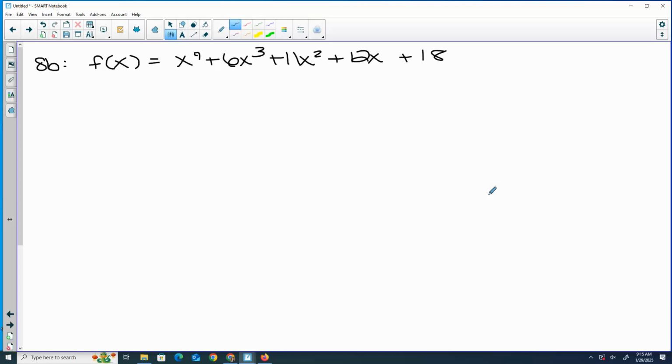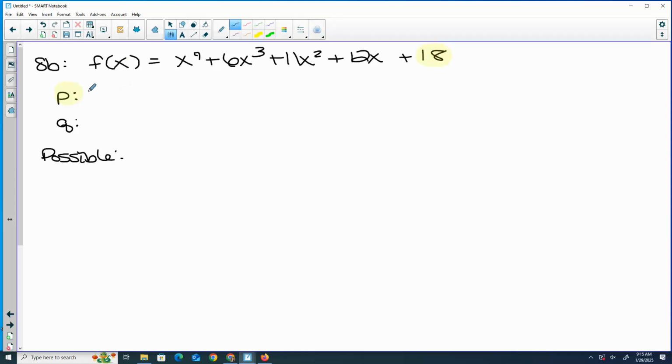Okay, but how do I know what numbers work? What do I have? Right. So we have to have our possible zeros, and then we're plugging them in to find one that makes it equal 0. So we have to do P, Q, possible zeros. Right. My P value comes from the constant.